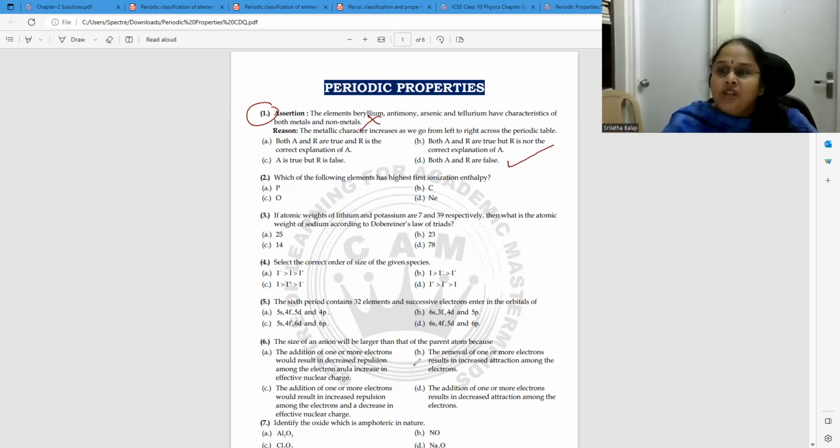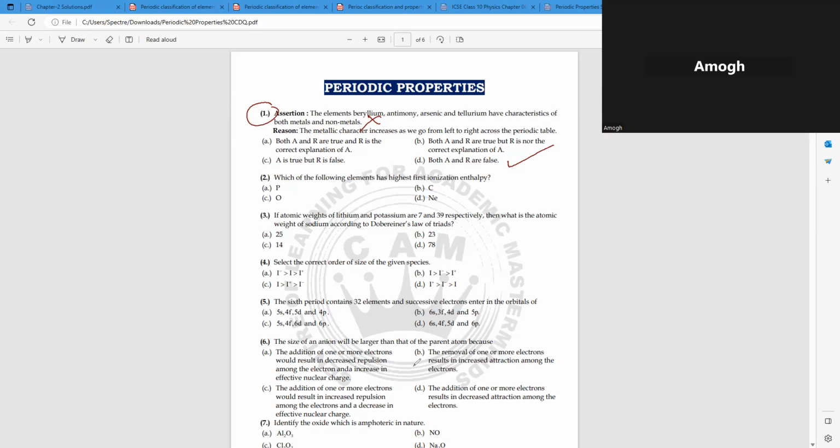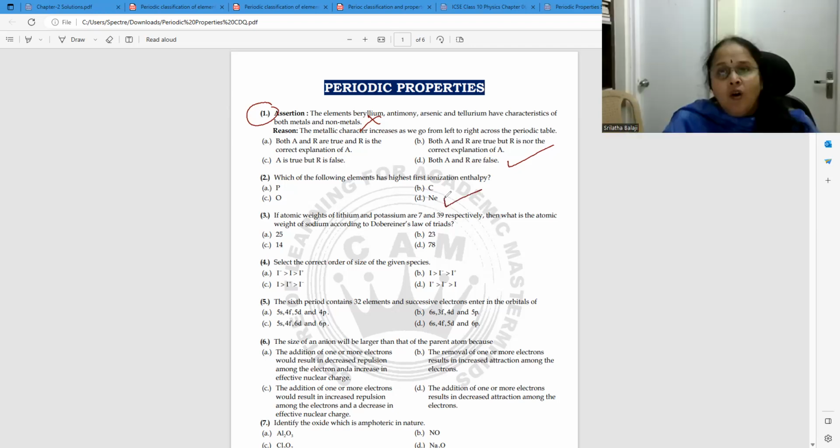Which has highest ionization enthalpy? Option D. Right. Obvious.